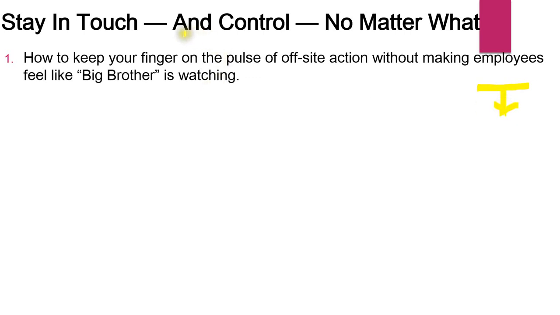At the same time, you have to control and stay in touch. Only thing is, the employees of that site should not feel scared or ruled. That is up to you, how you manage it, but you have to take control and stay in touch.